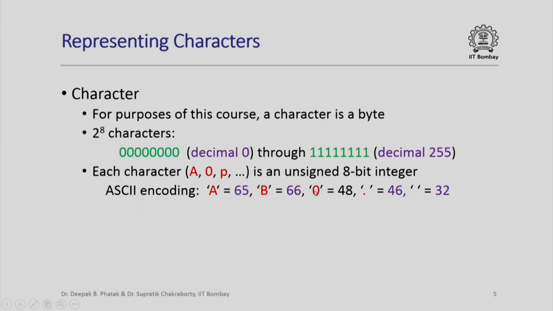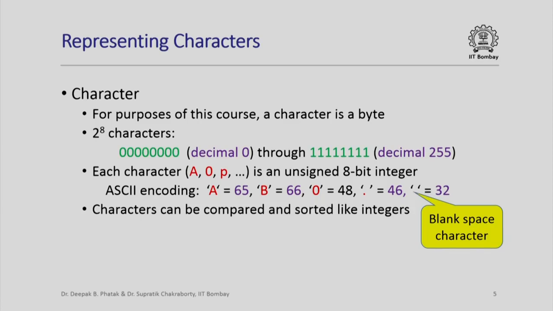Note that the character 0 is not represented by the decimal number 0. The character 0 is encoded using this 8-bit integer whose value is 48. The character dot is encoded as 46, and you can even have the blank space character, which is also a character, and it is encoded by the decimal 8-bit integer 32.